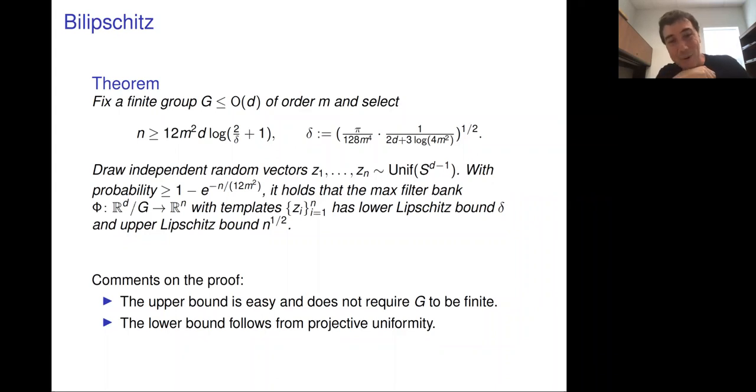N is the number of measurements or templates that you use. So by adding more templates to your filter bank, at least in this theorem, you're not increasing the lower Lipschitz bound, which is kind of weird. Also, the dependence of n on m and d is probably not optimal.